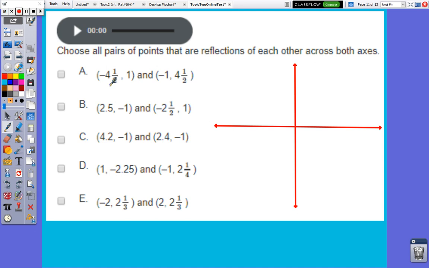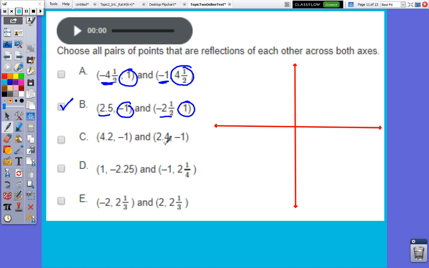This would not be true because this is not the opposite of this, nor is this the opposite of this. Okay, 2 and 5/10. The opposite of that is -2.5. They try to mess you up here by giving you a decimal and a mixed number, but these are opposite each other. So answer B would be one of the answers.